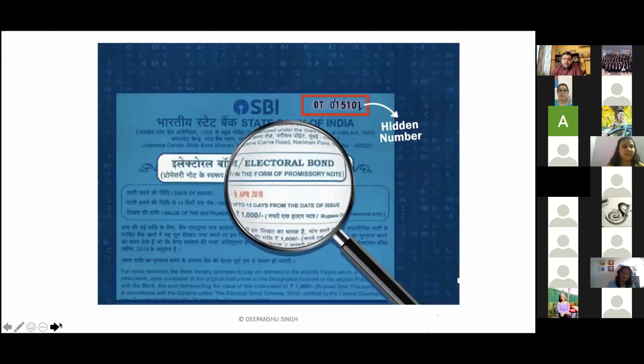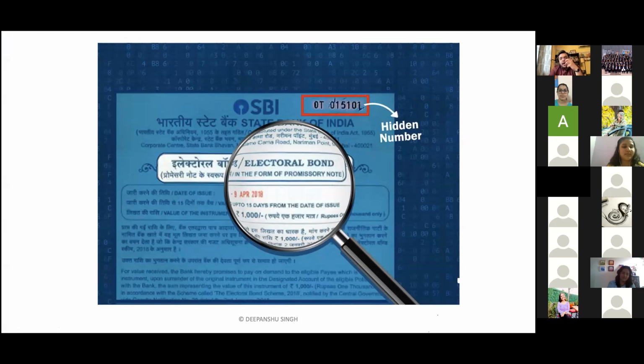Apart from that, the last two issues that I would like to address regarding electoral reforms in India are, firstly, electoral bonds. When they were brought in, the idea was to increase transparency and accountability in electoral funding in India.